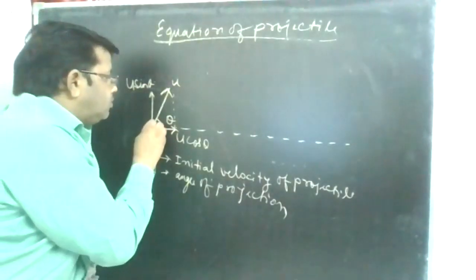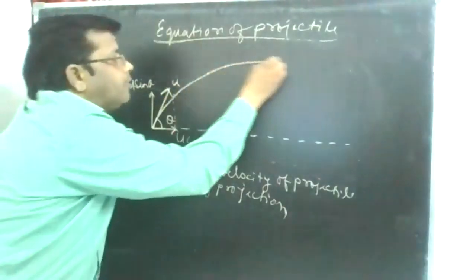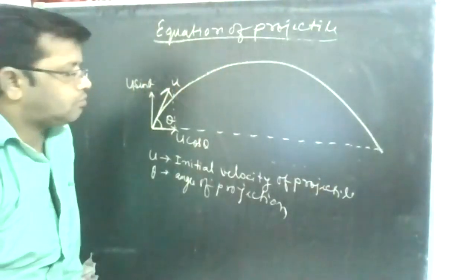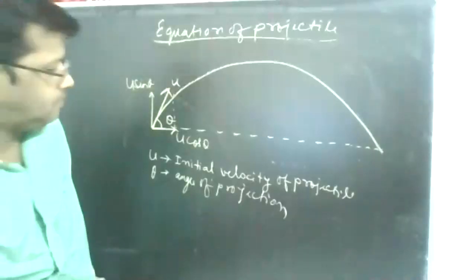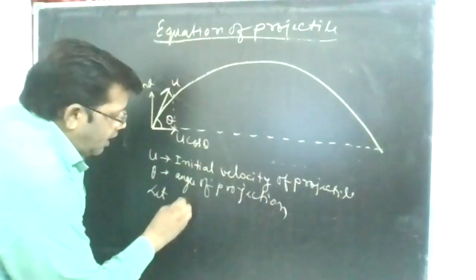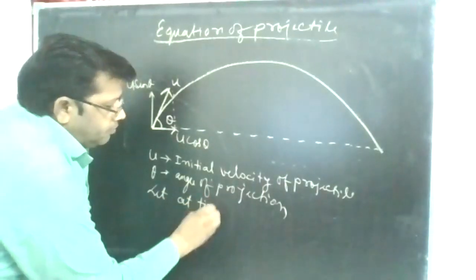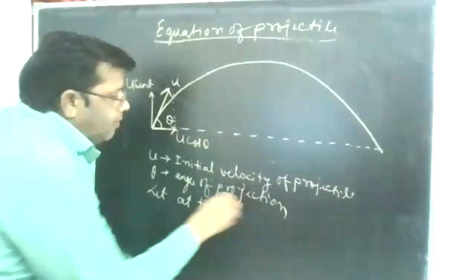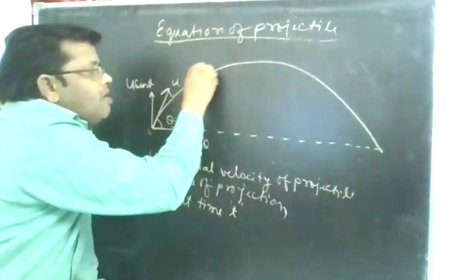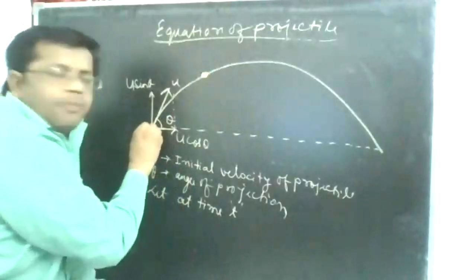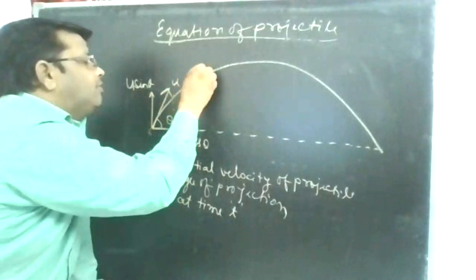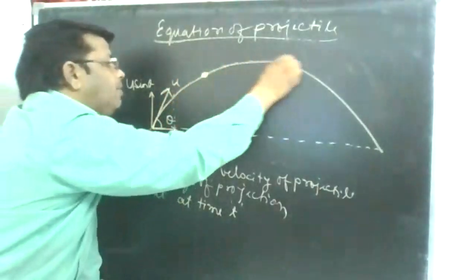Let this be the path of the projectile. Let at time t, after projection, the body be at point P. After projecting this projectile, the body moves here. It can be anywhere.